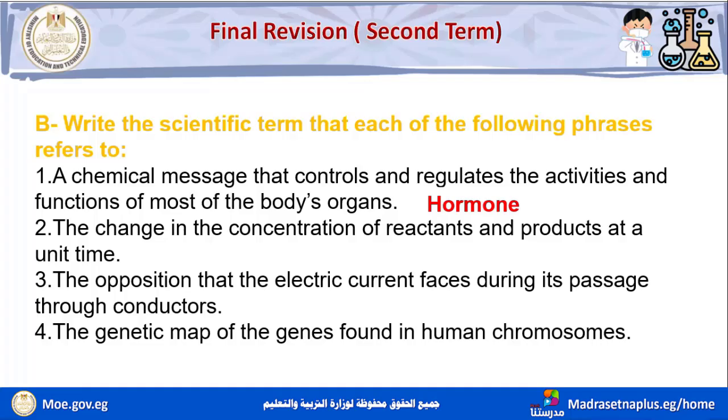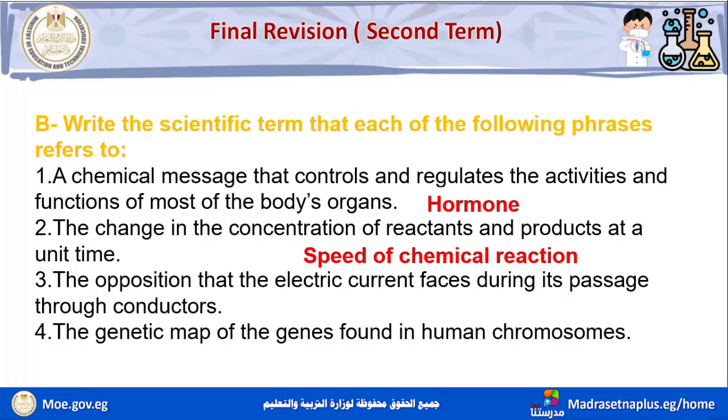Hormone. Question number 2, the change in the concentration of reactants and products at a unit time: speed of chemical reaction.